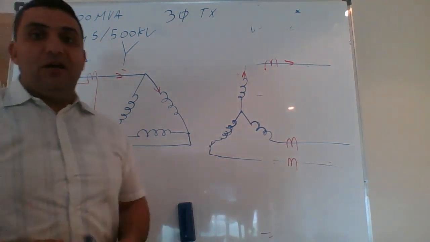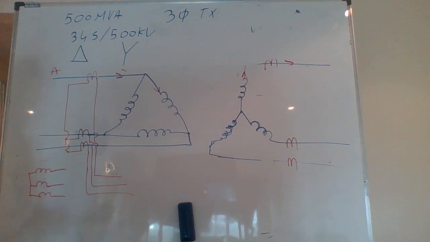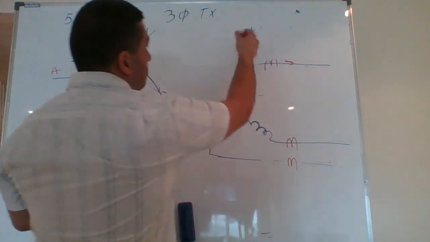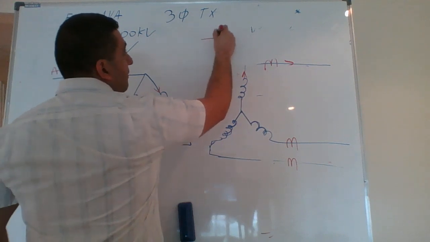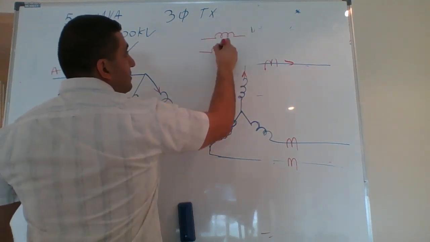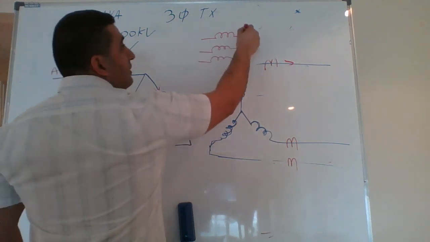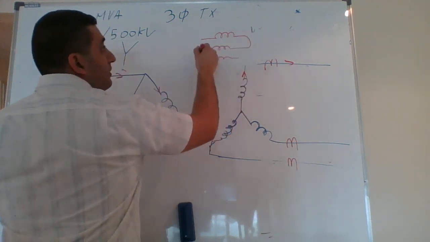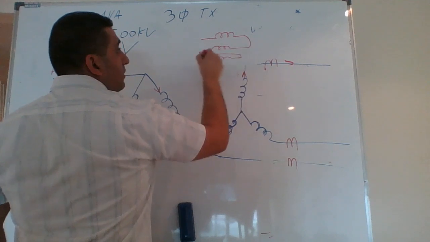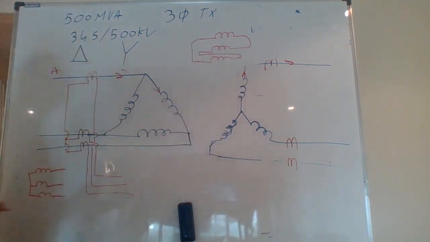On this side, how do I connect delta, guys? Do you remember how you connect delta? So if I have a 3 system like this, how do I connect delta? This one will go to this one. This one will go to this one. This will go to this.